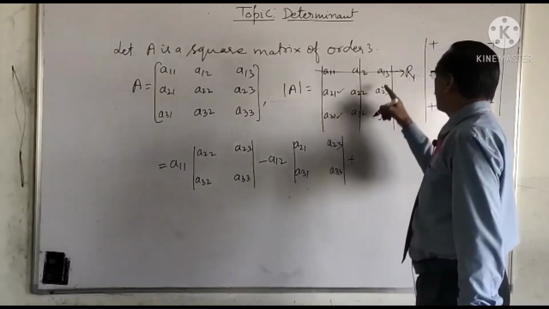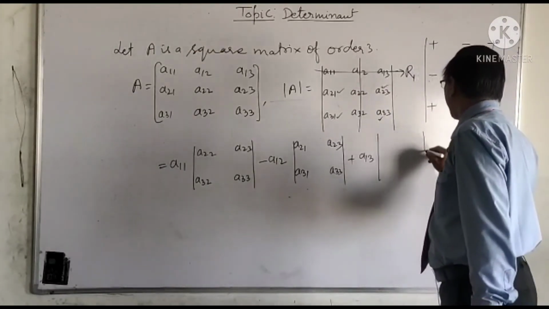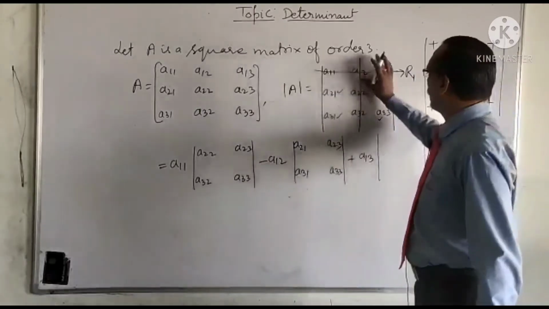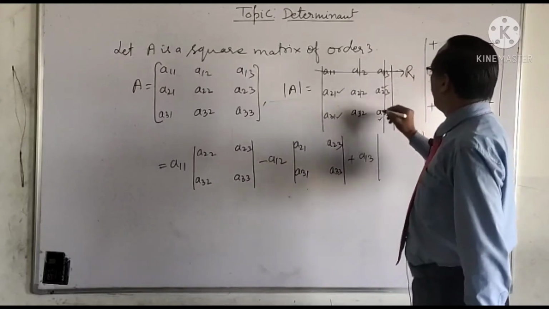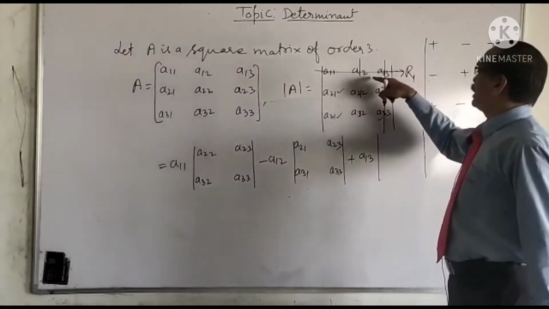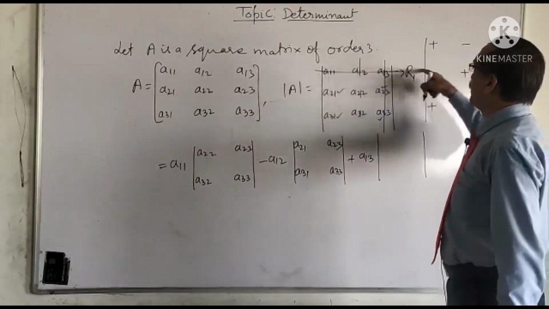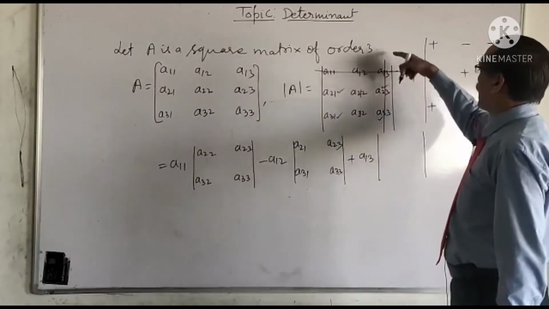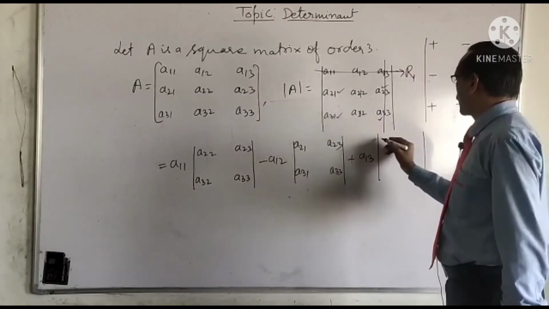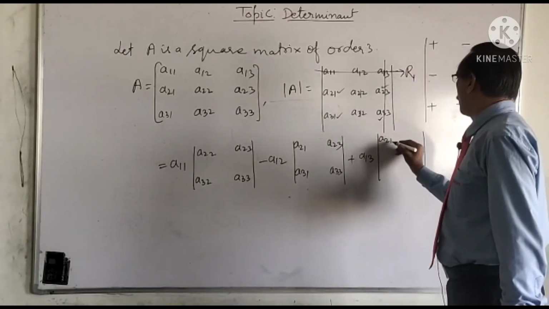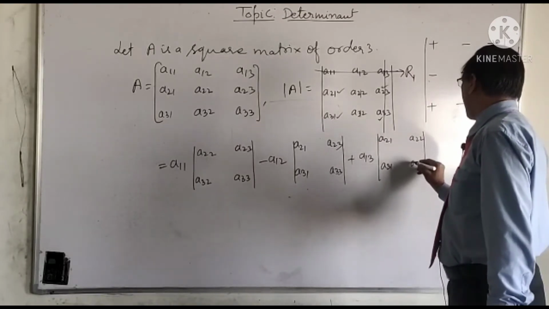Now we write A13, then the determinant of second order that will be obtained: we will cancel this particular number by taking a horizontal line and vertical line. Then there is a plus A13 and the second order determinant will be A21, A22, A31 and A32.